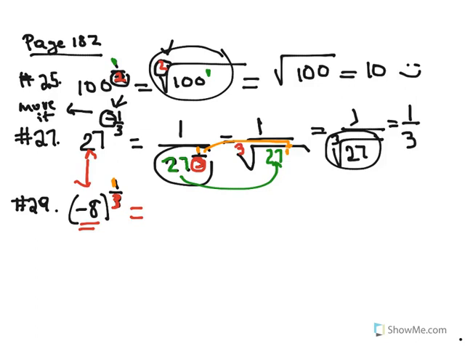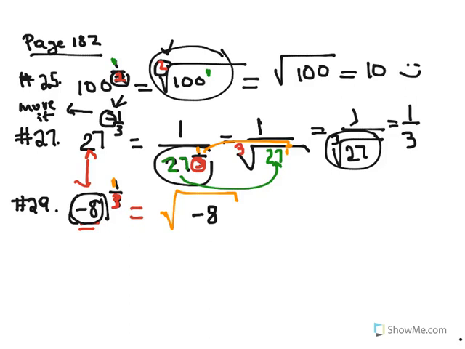So what I'm going to do is write a radical. This number right here is going to be the radicand, the number under the radical.